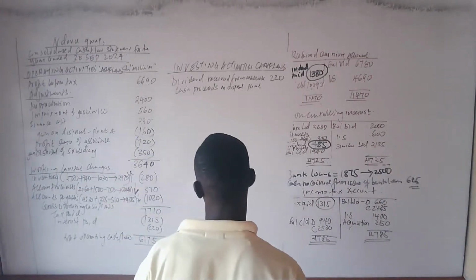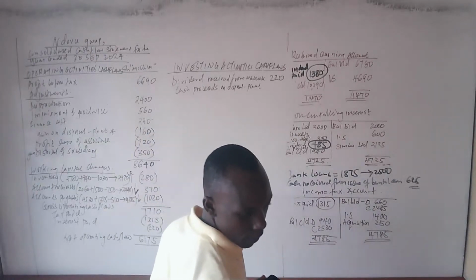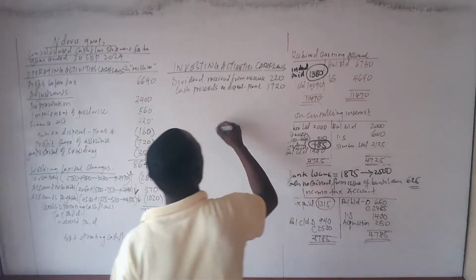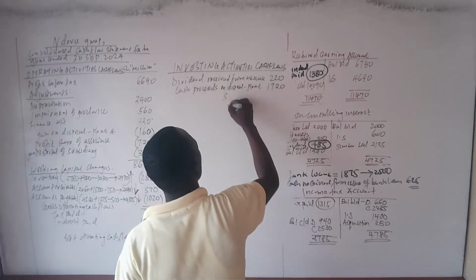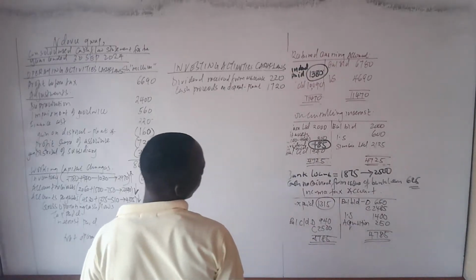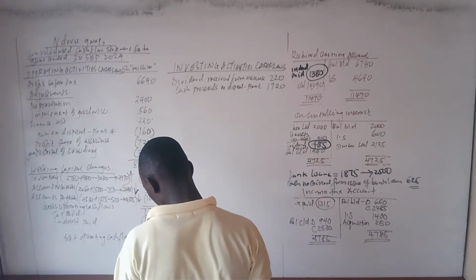Plant. Go to the disposal account of the plant. How much did we pay? 1720. We paid 1720. Then we also disposed of a subsidiary. Which company did we dispose of, Simba or Kifaru?